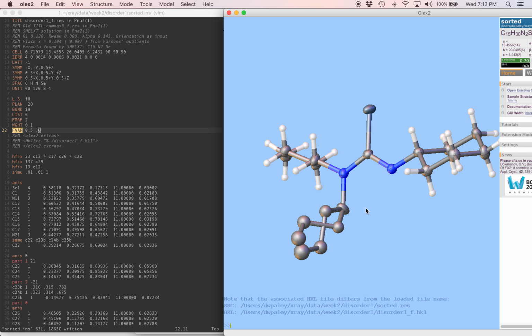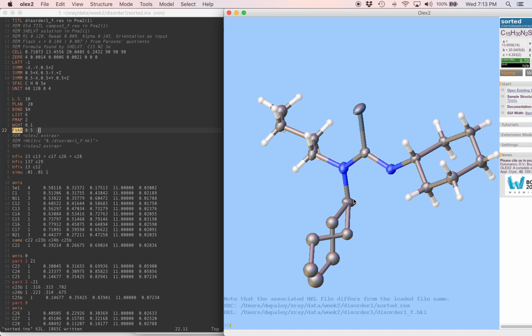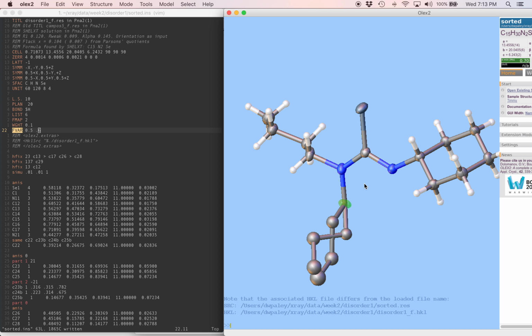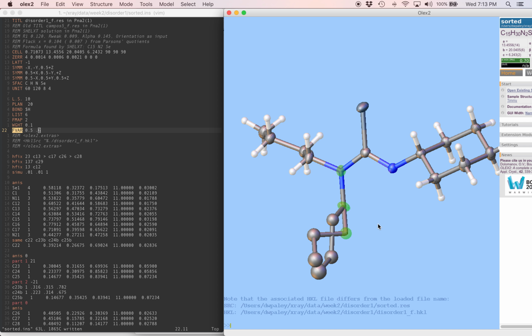When we use HFIX 23, it's expecting to find a carbon with two neighbors, like this one, for example. It has two neighbors, so we know where to put two hydrogens on it. This carbon, by contrast, has two neighbors this way if you're looking at part 1, or two neighbors this way if you're looking at part 2, and we don't know which two neighbors we should use to attach the hydrogen atoms.